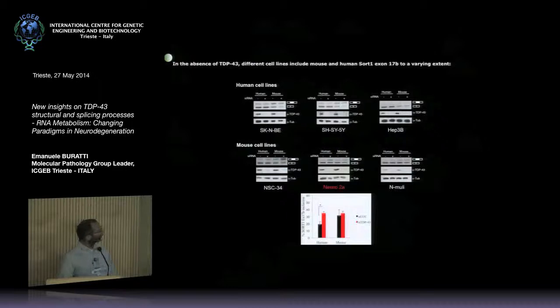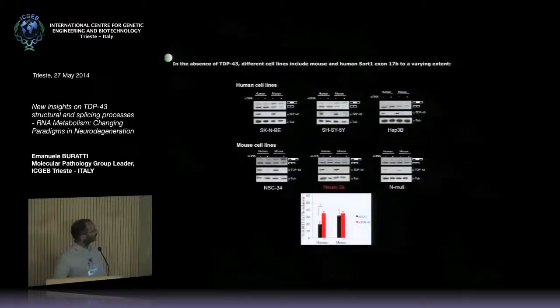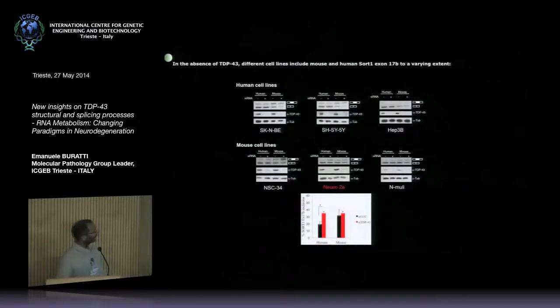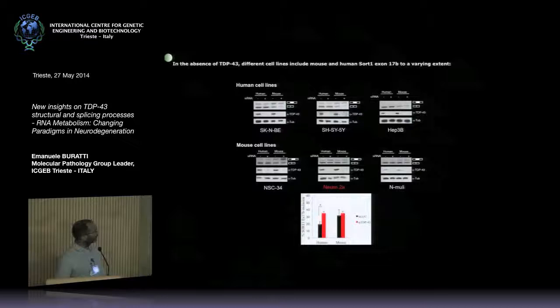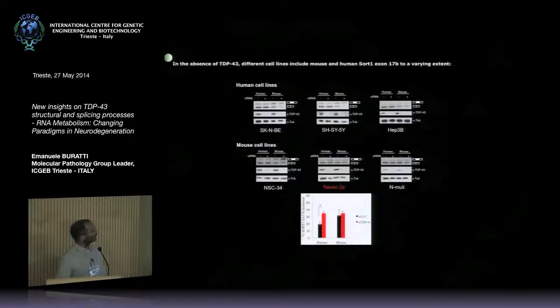And you can see that you get a pattern that is really consistent with the fact that TDP-43 is not the only regulator of this particular exon recognition, because, for example, in human HEP3B cells, the exon 17B is never included whether you have TDP-43 in the cells or you don't.